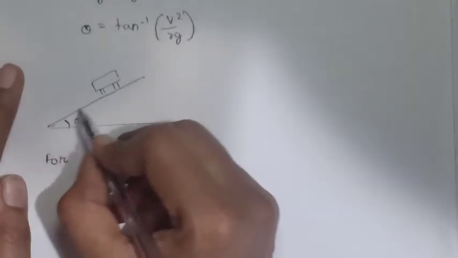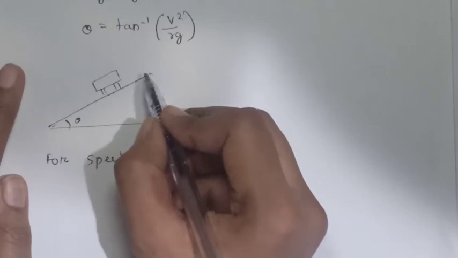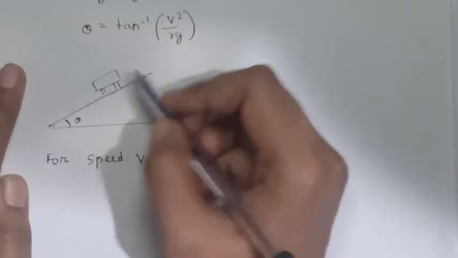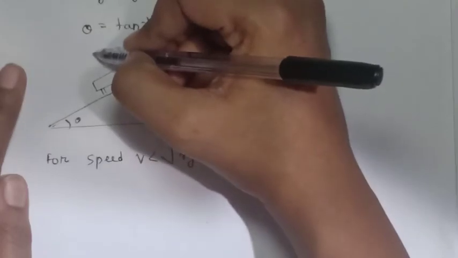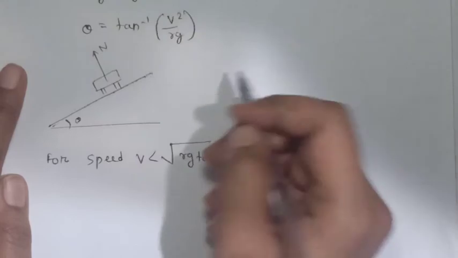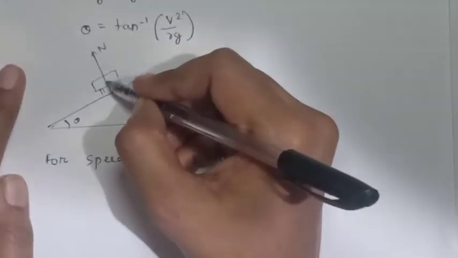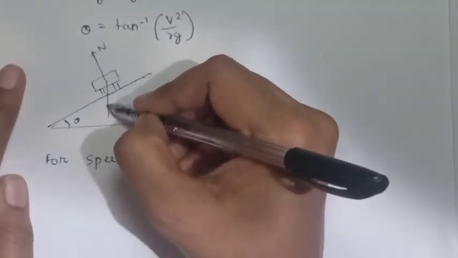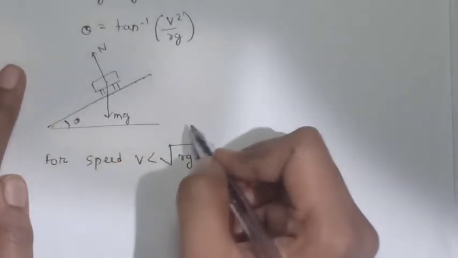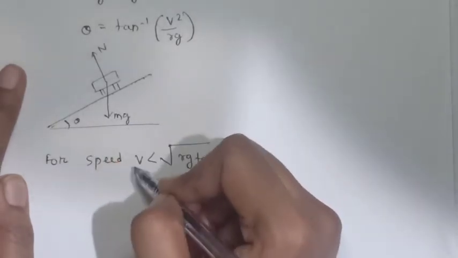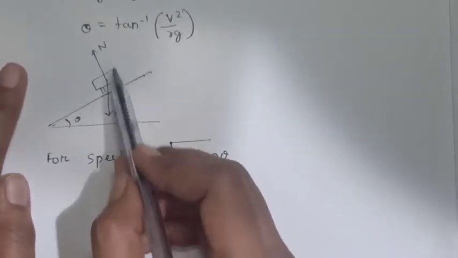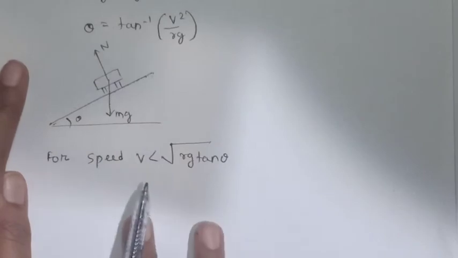The surface of the road will exert a force on the vehicle, perpendicular to it, which is nothing but the normal. Due to gravitational force, mg will be there, vertically downward. This is the action force due to gravity, and this one will be the normal.